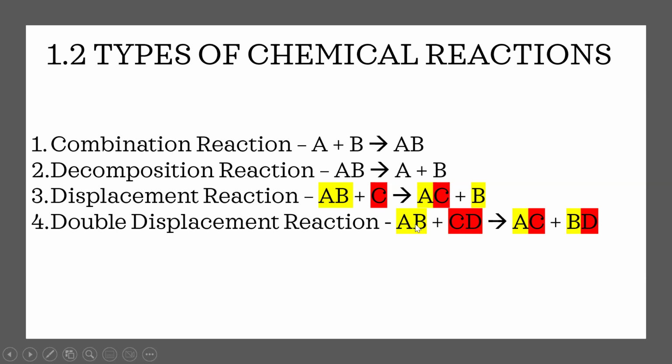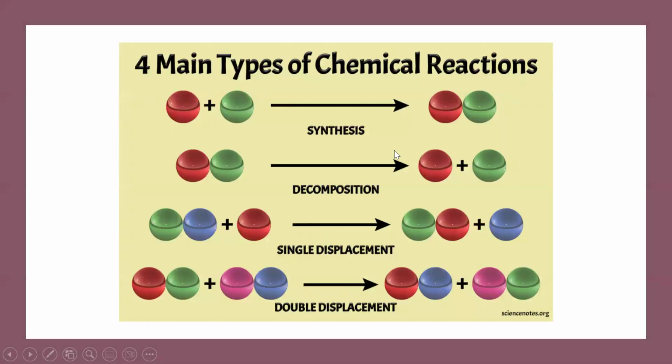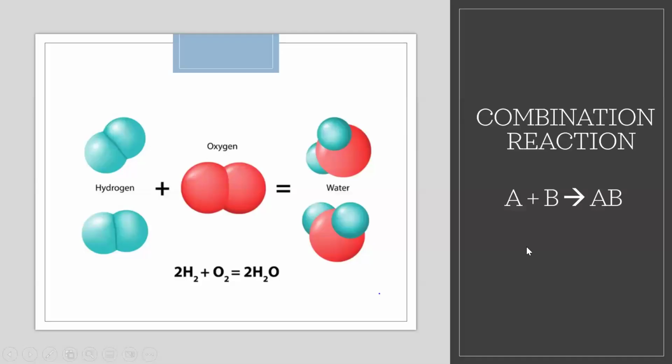So in AB, B is displaced with C, and in CD, C is displaced with B. So these are the 4 main types of chemical reaction. Here is a pictorial representation. This is a combination reaction, decomposition reaction, single displacement reaction, and double displacement reaction.